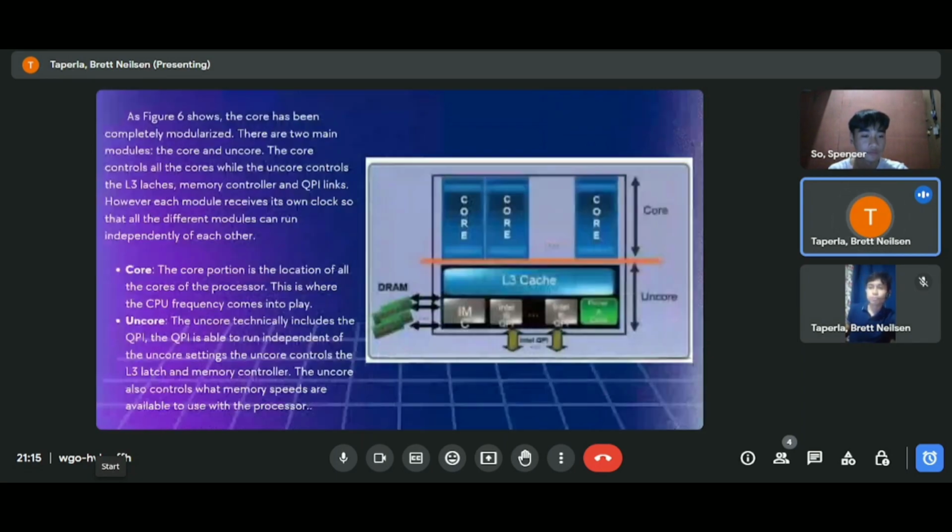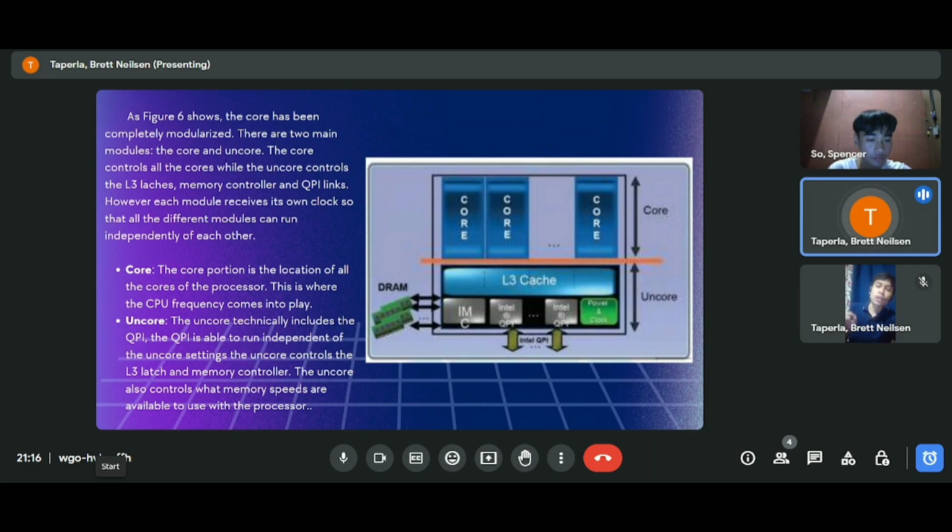For this figure, it shows the core has been completely modularized, or simply modular. There are two main modules, which are the core and uncore. The core controls all the cores, while the uncore controls the L3 cache, memory controller, and QPI links. However, each module receives its own clock, so that all the different modules can run independently of each other.